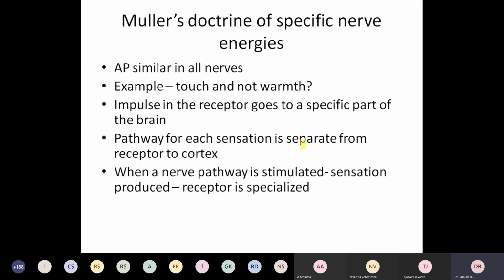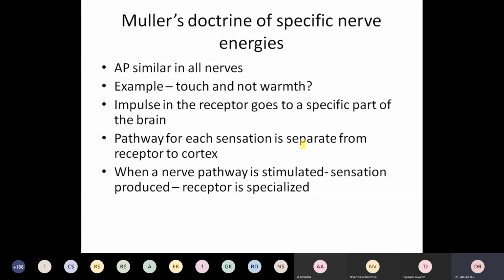When a nerve pathway is stimulated, whatever sensation is produced is based on the type of receptor stimulated. If it is a touch receptor, you will perceive it as touch. If it is a photoreceptor, you will perceive it as light. If it is hair cells in the cochlea, you will perceive it as sound.